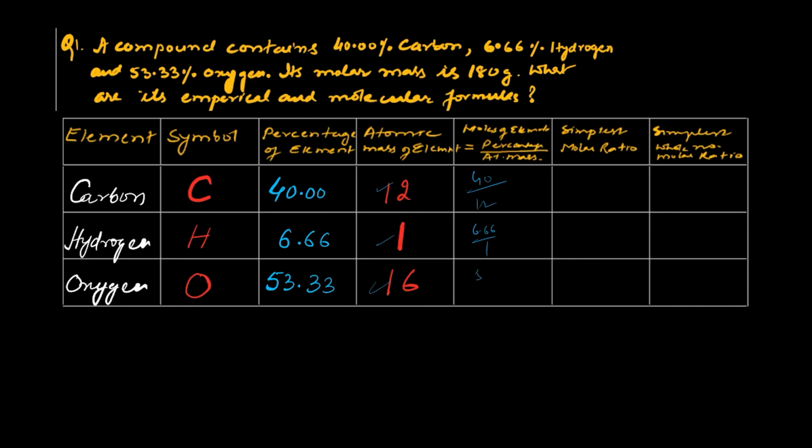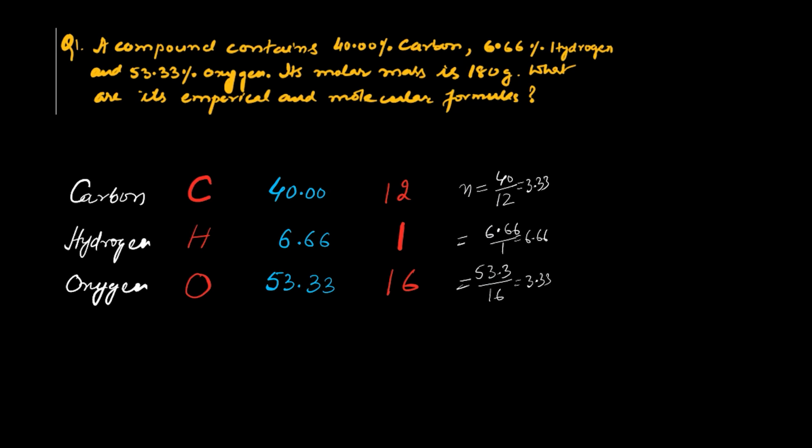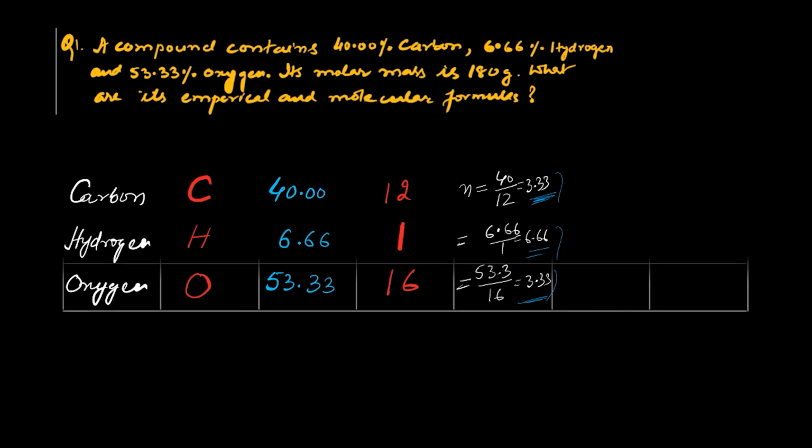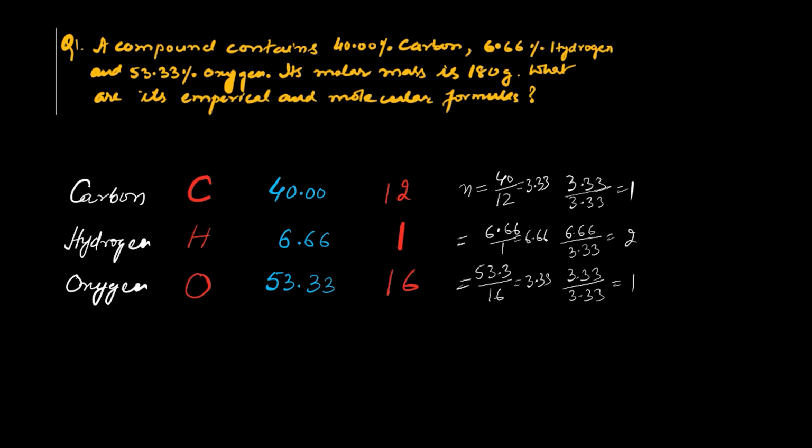And 53 upon 16. And we'll get the number of moles. But these figures are fractions. So in order to remove these fractions, we will divide each one with the smallest one. So after dividing, we got the simplest whole numbers for each atom.